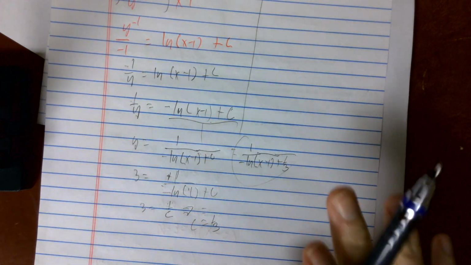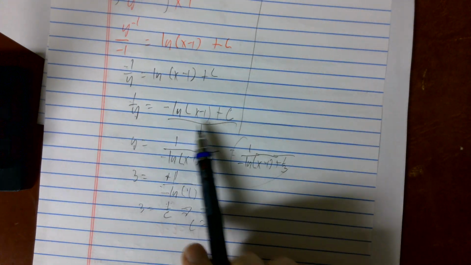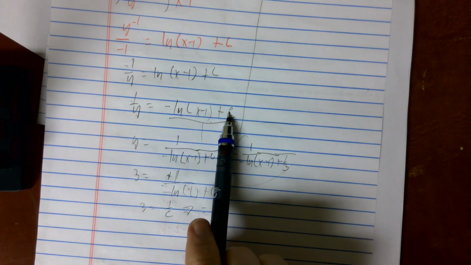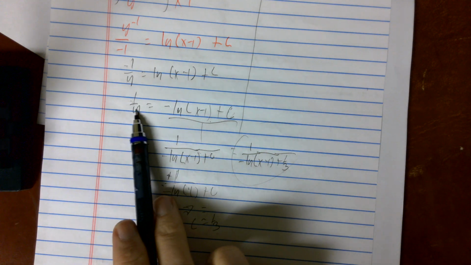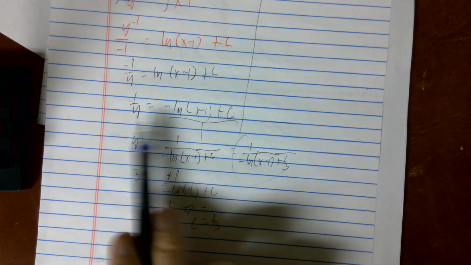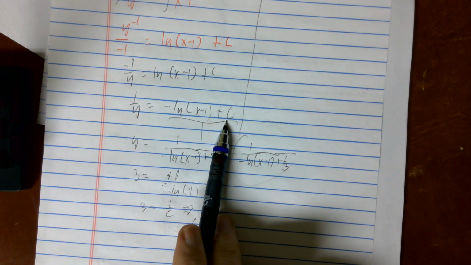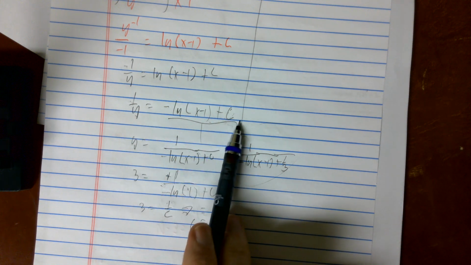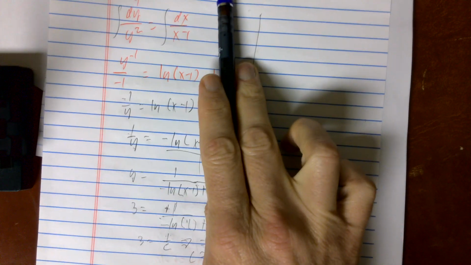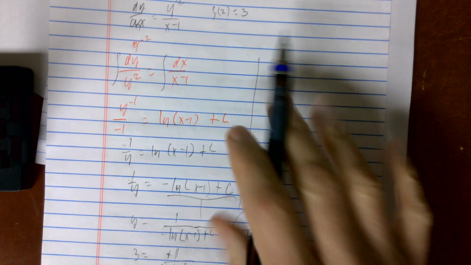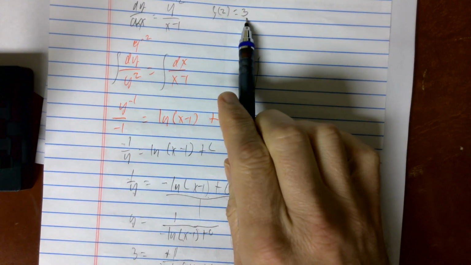Advanced method, for people who are a little more comfortable: at any point you can figure out what c is. Sometimes figuring out c at the end, sometimes figuring out c right after this stage, is a little easier. For example, once I have a c, I can plug this in for x and plug this in for y.